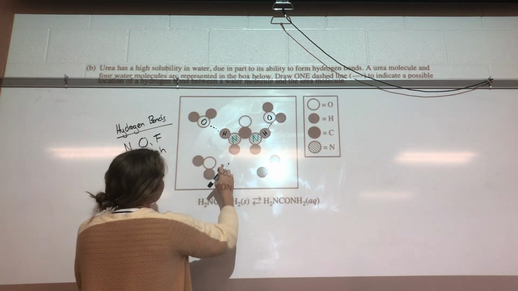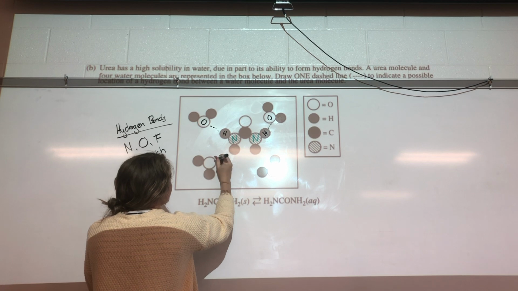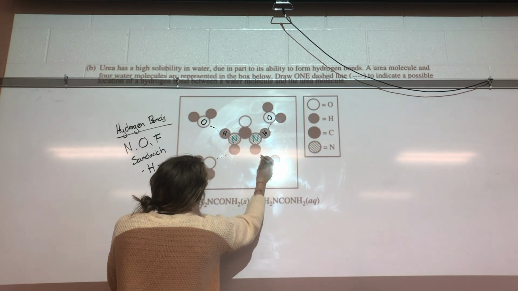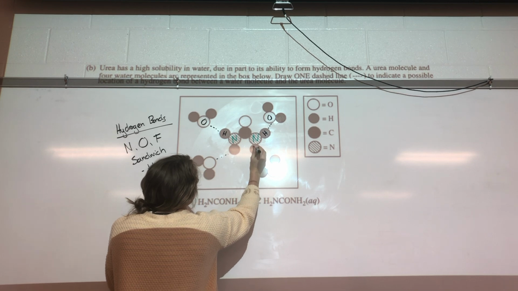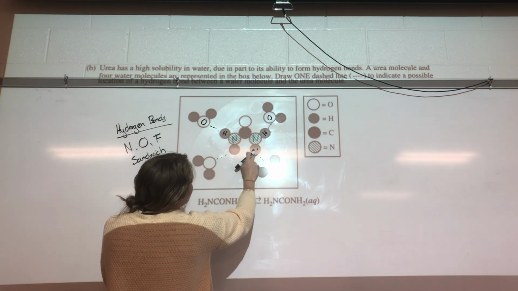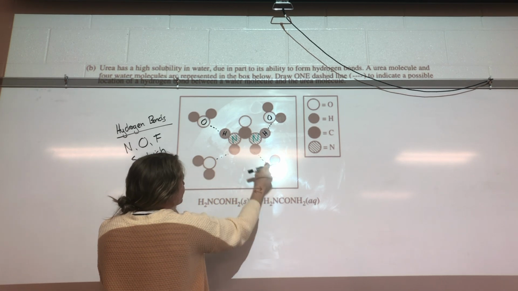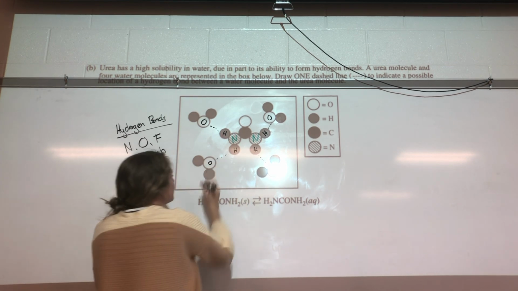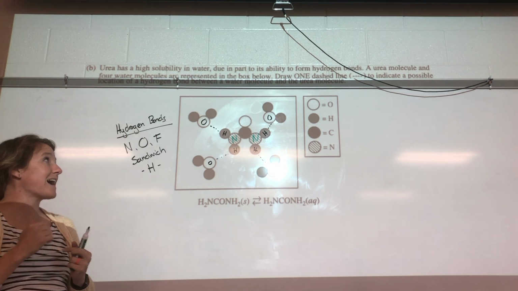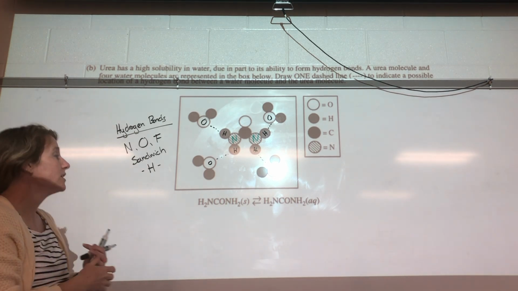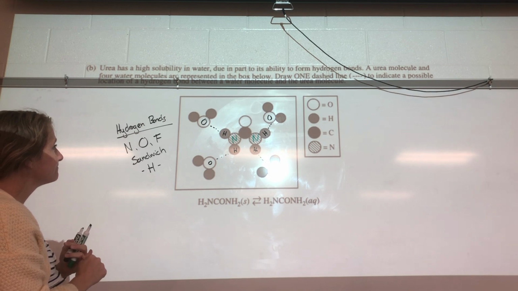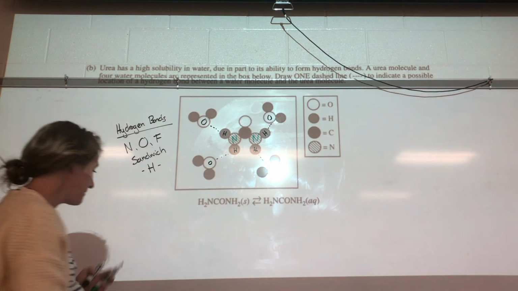Technically, here's another one. And this one's a little weird, but technically there is also one right there as well, because once again, NH to O. So make sure you just look for that NOF sandwich. There's the hydrogen bonding.